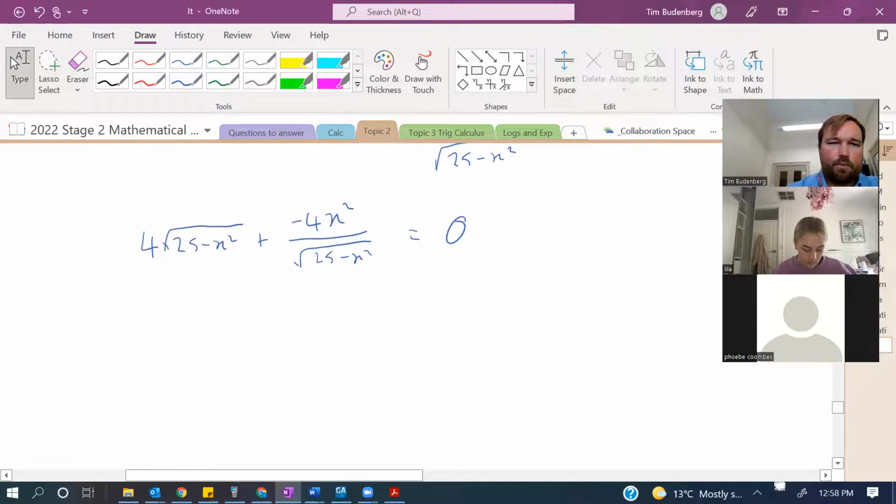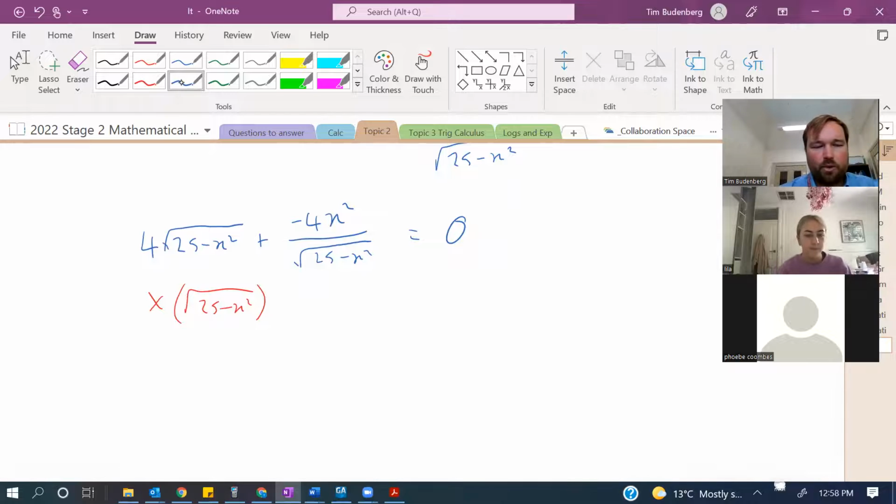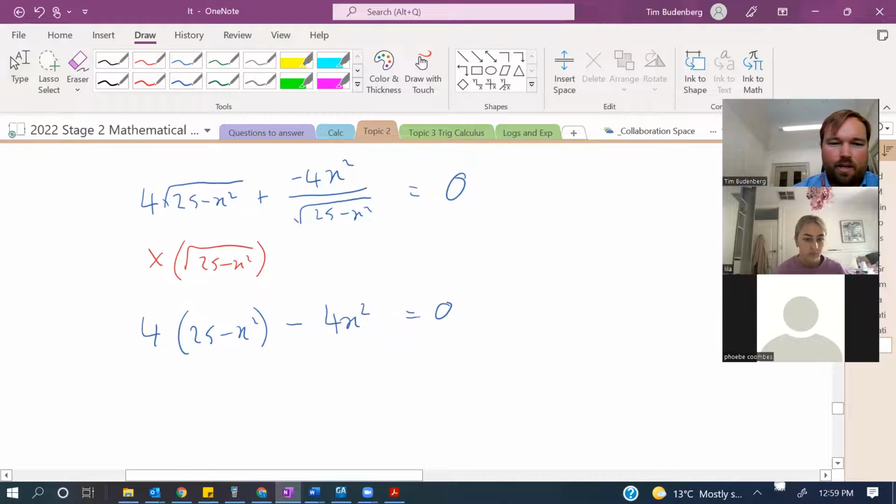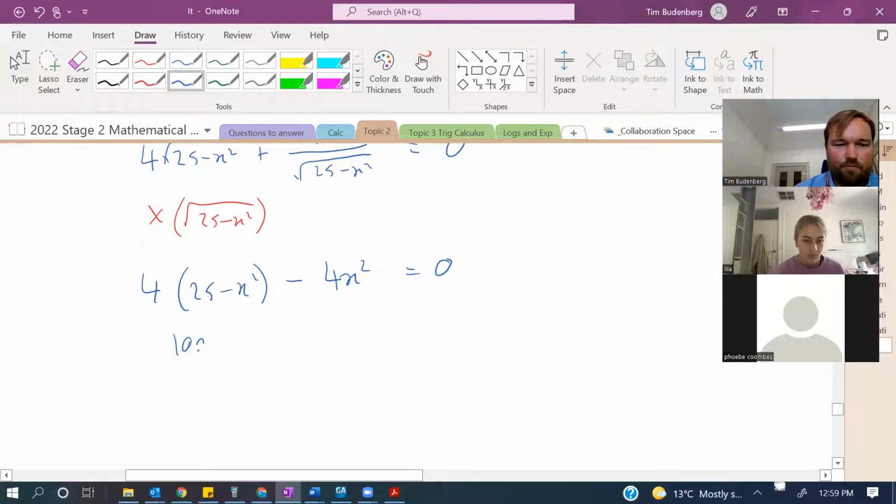I would multiply everything by root 25 take x squared. You see how my normal attack on these problems is just get rid of the denominator. If you get rid of the denominator, what's really neat is that this turns into 4 brackets 25 take x squared. You no longer need that root because the root and the root cancel. Then you're just left with minus 4x squared equals 0. From there, 4 times 25 is 100, take 4x squared, take another 4x squared equals 0.